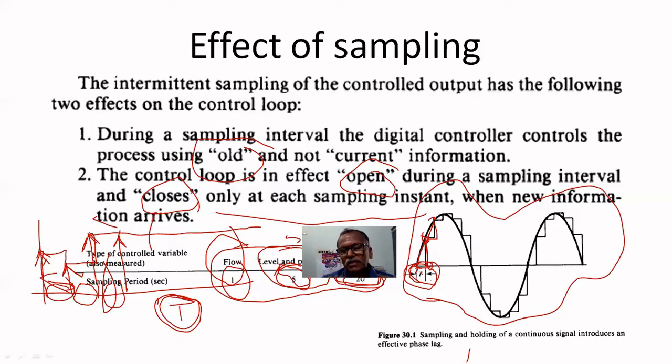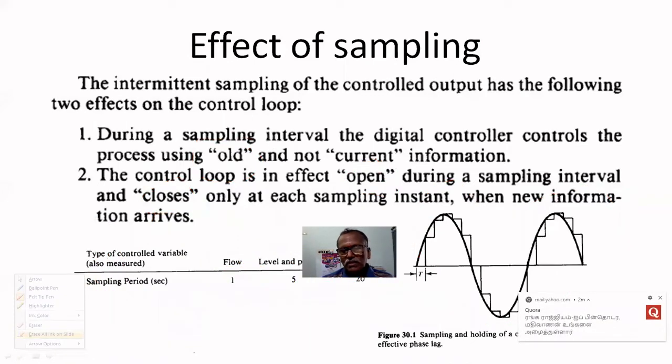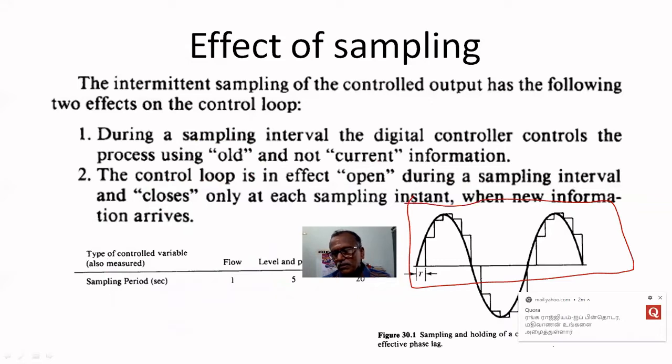So if you draw the waveform, look here. This is the continuous output. What is the sampled output?